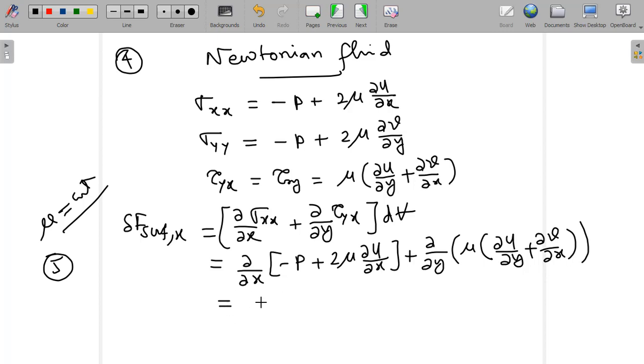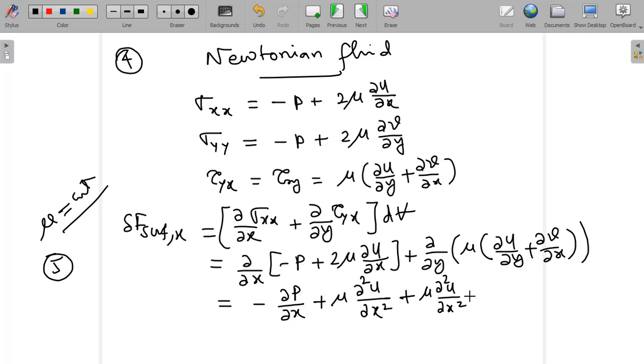So what we are getting is minus del p del x, that will be one term, and if you take this mu out, then what will remain is del 2u del x2. And there will be another del 2u del x2 because there is a 2 del 2u del x2, so you can write mu into del 2u del x2.